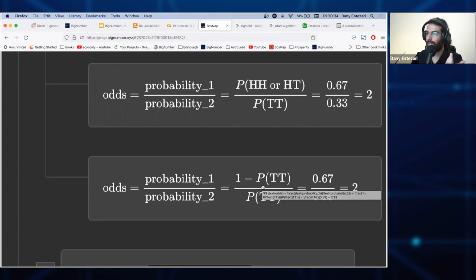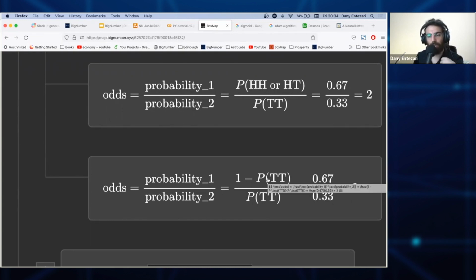Because there are 3 possible outcomes. I have taken one of them, so there are 2 remaining. Out of the 100% of the outcomes, I have taken 33% of it. That's what 1 minus p_tt is. That's why we have 1 minus p_tt.